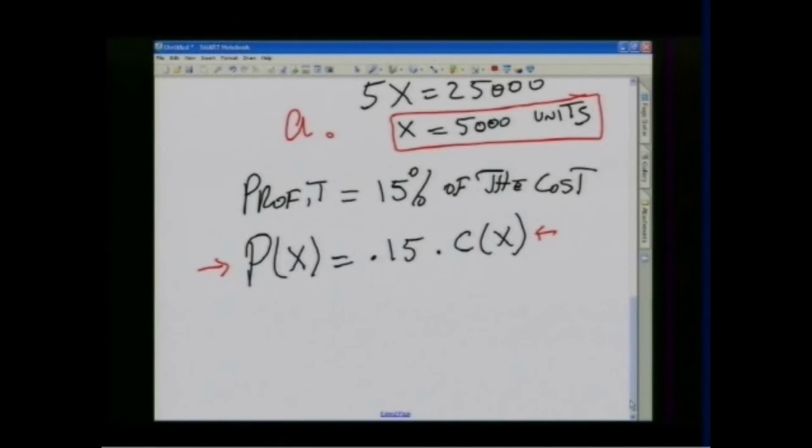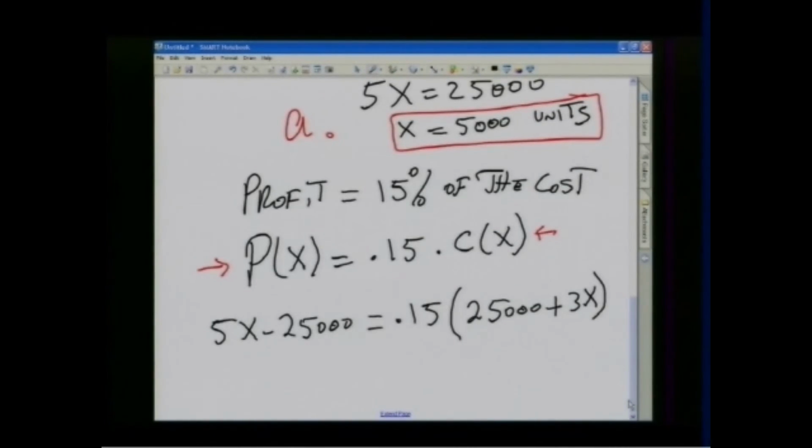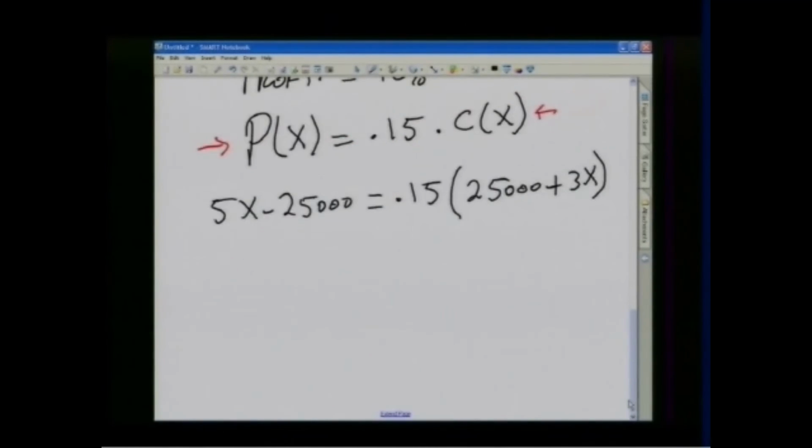So profit was 5x minus 25,000. This should be equal to 15% of the cost. 0.15 times the cost, which is 25,000, the fixed cost, plus 3x. There's only variable x.